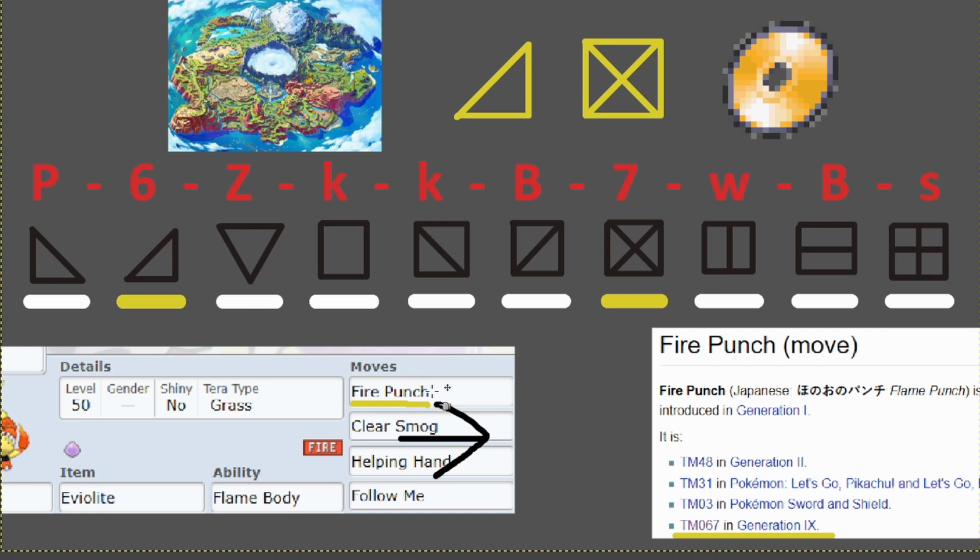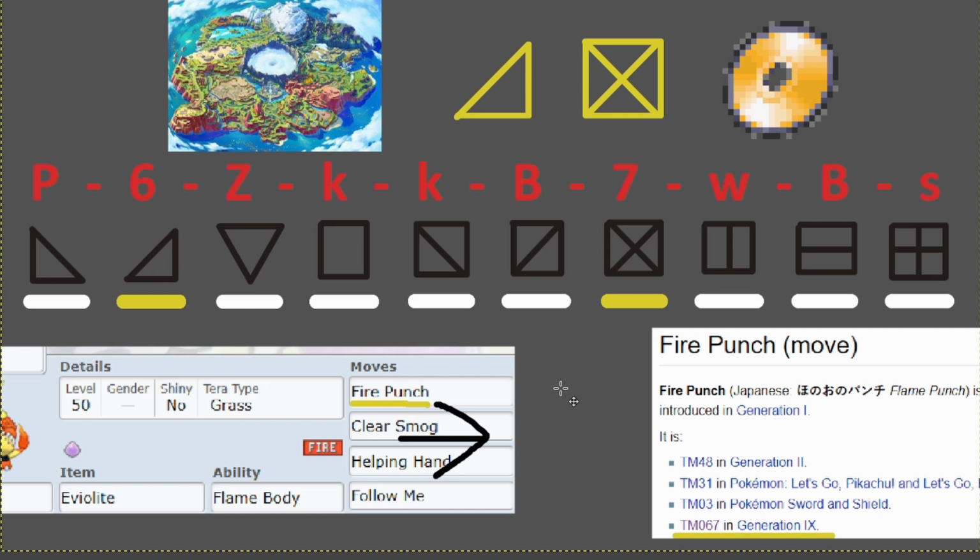So you take the fact that Fire Punch is the only move, and then you look at every time that Fire Punch has been a TM, and then you go down to Generation 9 since you have the Paldea map, and in Paldea, Fire Punch is the 76th TM, which means that the two numbers that you need for the 2nd and the 7th slot are 6 and 7. And I also want to add that I am kind of stupid, because I could have just made it that this is Team 67.